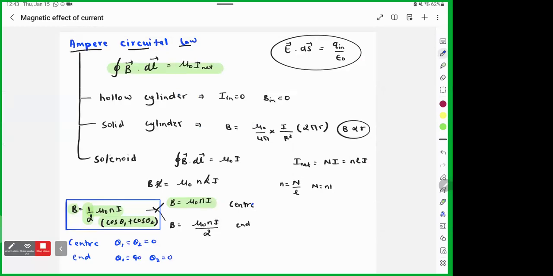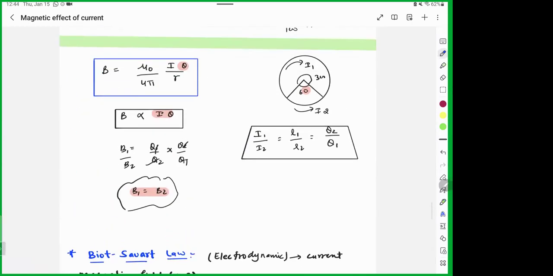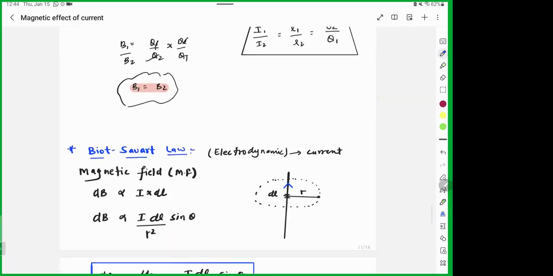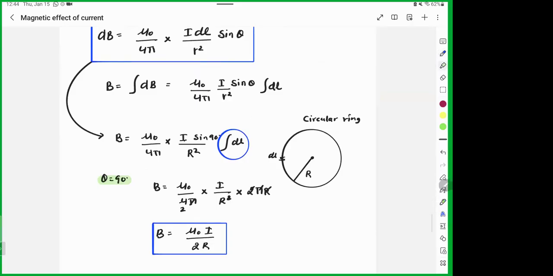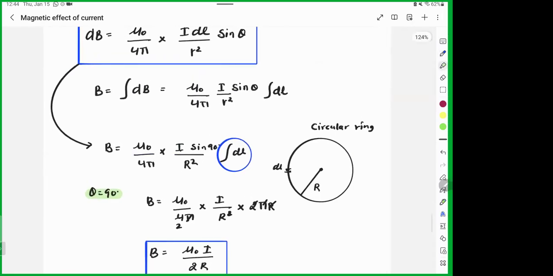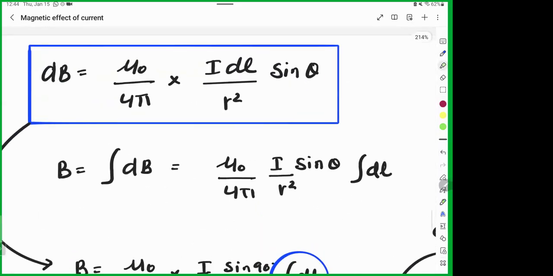Tanma, you asked about the magnetic field at the center of the ring. Yes, sir. According to Biot Savart law, not this one, at the center of the ring.